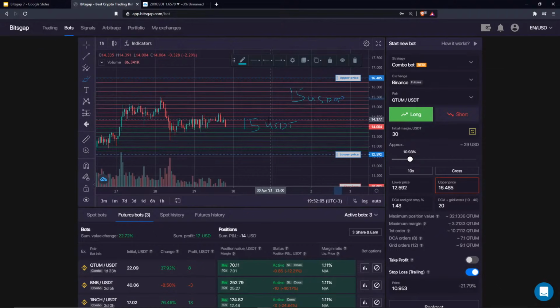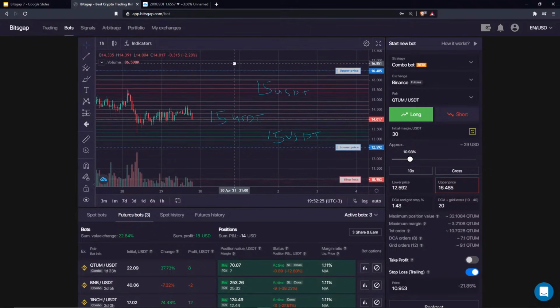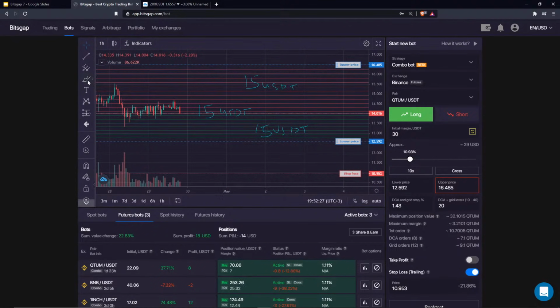So the thing is, 50% out of 30 is your initial buy. Another 50% we use to plot all of these sell orders. Another 50 USD can be used to execute all of these DCA orders. And we enabled a second layer of DCA orders, which is below this one.